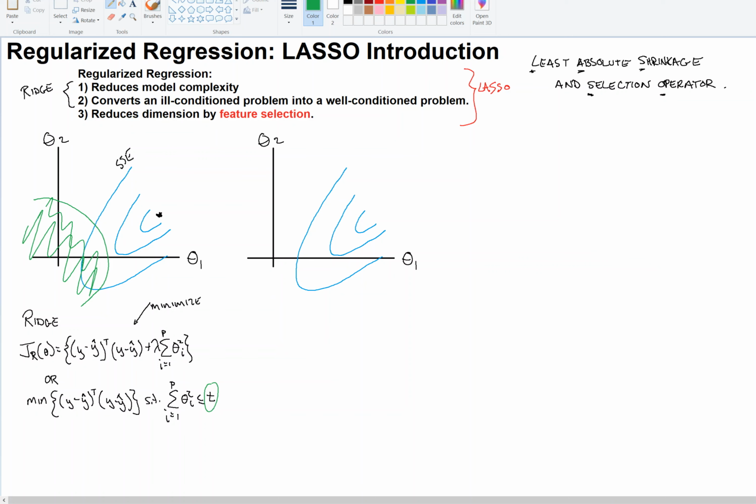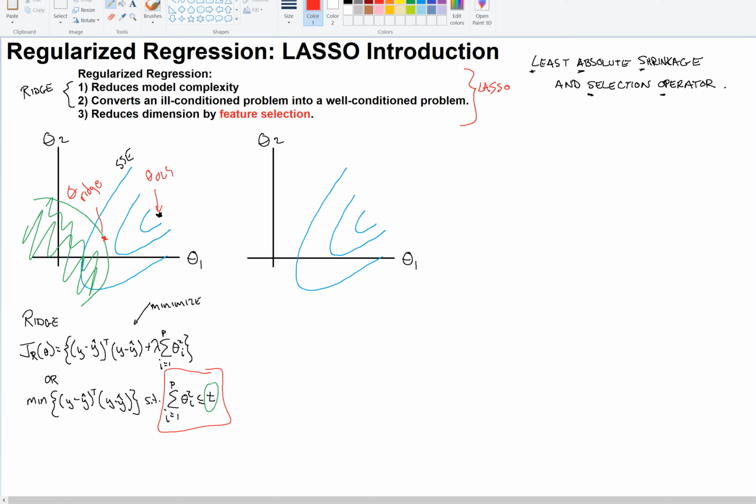And so with this picture, the family of ellipses and the disk, the minimum is not here, because then we can just walk closer down the valley, and it looks like the minimum would be somewhere around here. And so that would be the ridge regression solution, theta ridge, and this one is the OLS solution, and we cannot find that because it's not in the area of allowed solutions because of the constraint here.